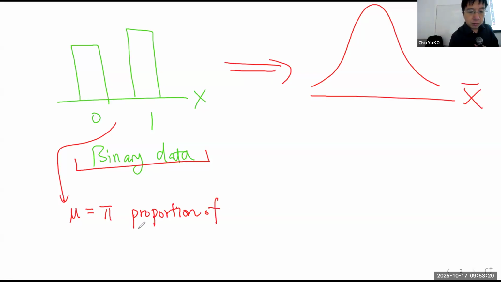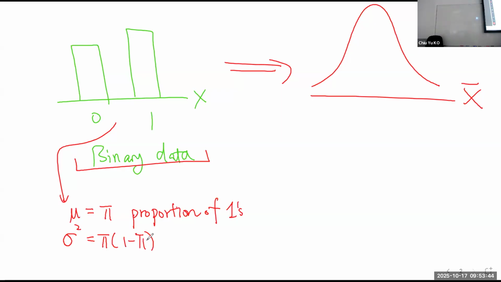ones. And the sigma square, which can be proved but I don't have time to show, will always be pi times 1 minus pi. So that means in binary data, mean and variance are closely related.